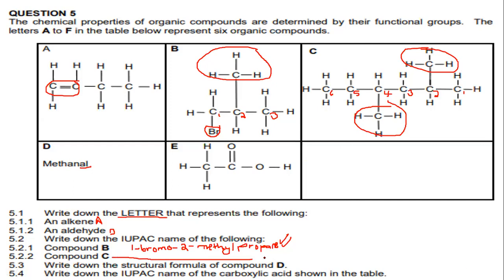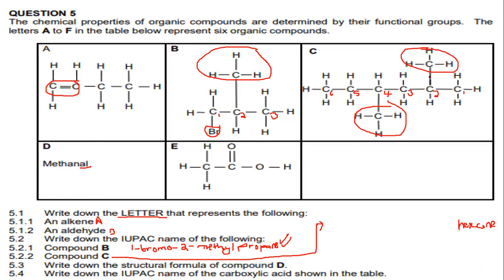So the longest chain without breaking is 6 carbons, so it's a hex. Then everything is a single bond, so this is definitely an alkane, so this is a hexane.